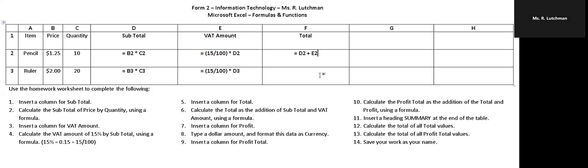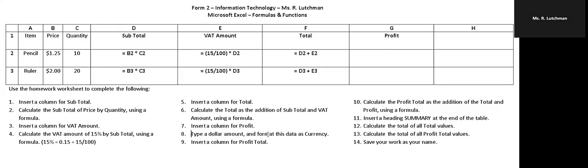Let's go to the next one. Equal, of course. Subtotal D3 plus VAT amount here is E3. Nice. Number 7. Insert a column for profit. Let's go. Okay.